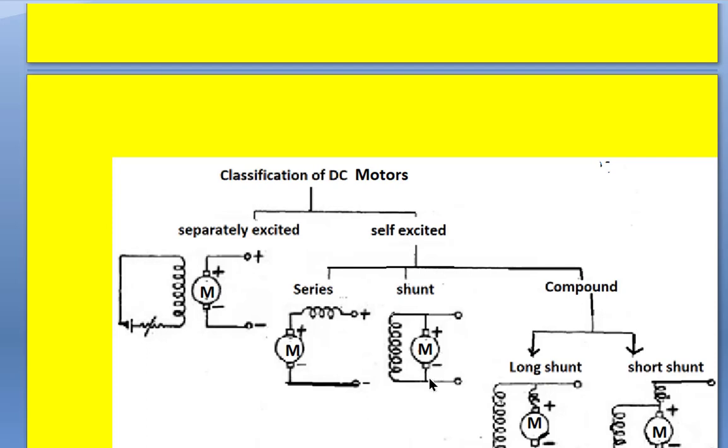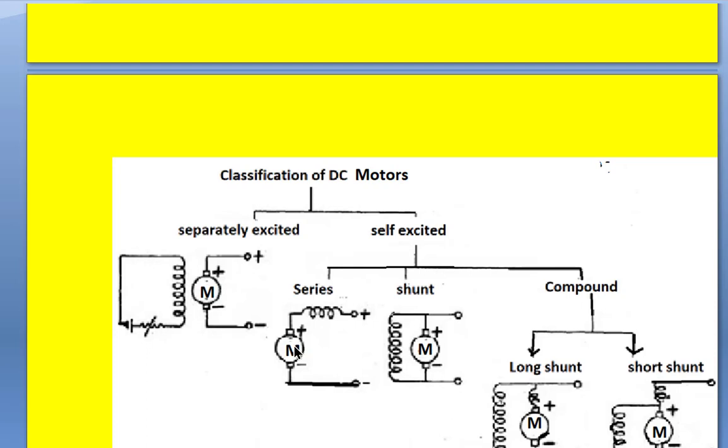Suppose the field winding is connected across the armature of the motor and connected to the DC supply, then it is called the shunt motor, like this. Look at this. This is the armature and the field winding is connected across the armature. So it is called the shunt motor.